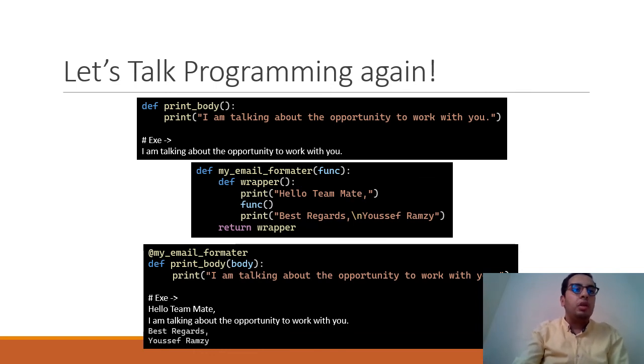So after that, we will get the final version of our mail body by just typing the body here that we want, and all the greeting and the signature will be the responsibility of our decorator function. Thank you.